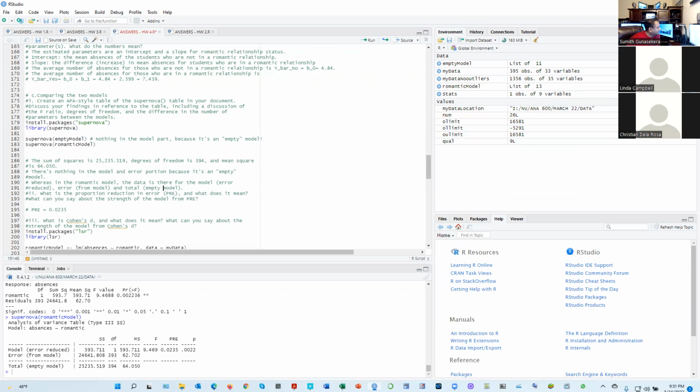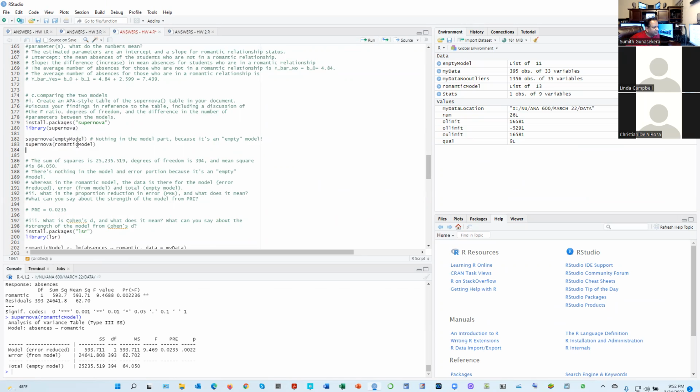I'm going to have a look at this question one more time. Comparing part C, comparing the two models. In number 3, part C, create a supernova table in your document, discuss your findings. Okay, we run this supernova, we have it. Then you can discuss what you see from that one. Which model?